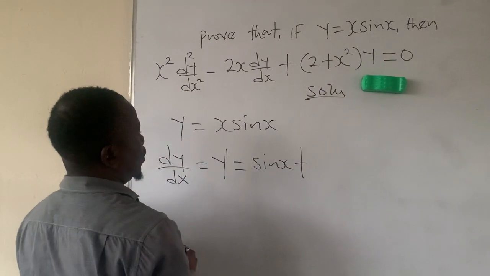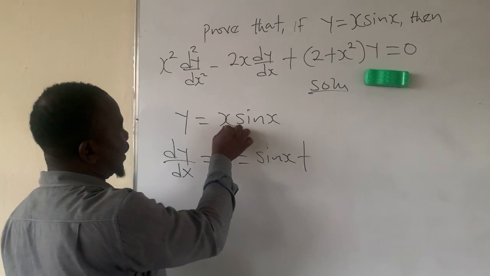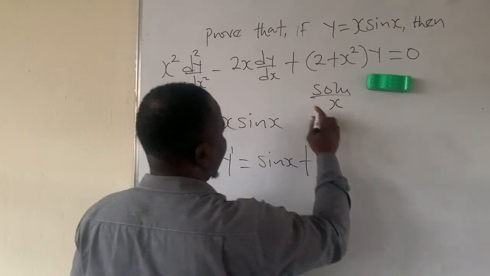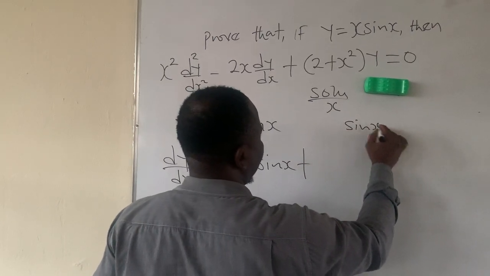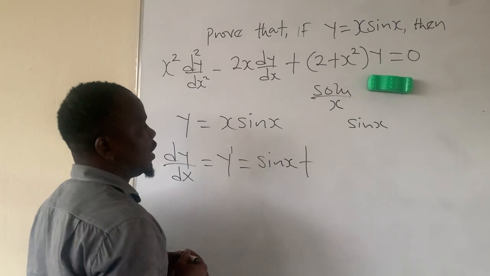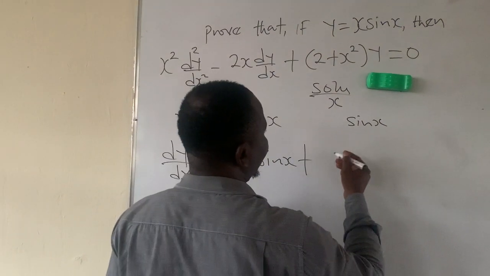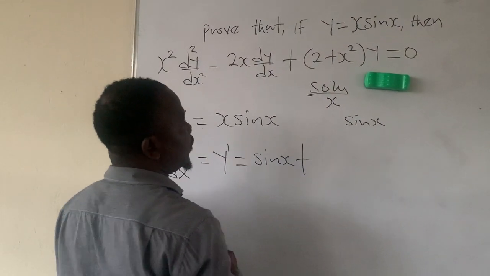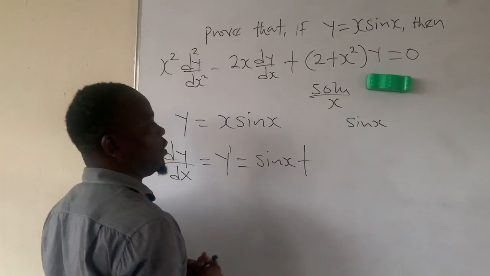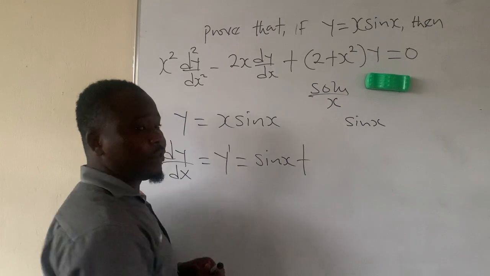Plus, we will hold x constant. It means we will differentiate sine x. If we differentiate sine x, we are going to have cos x. So if we use cos x to multiply x, it will give us x cos x. You agree with me?